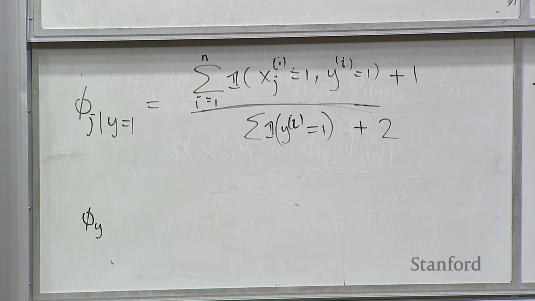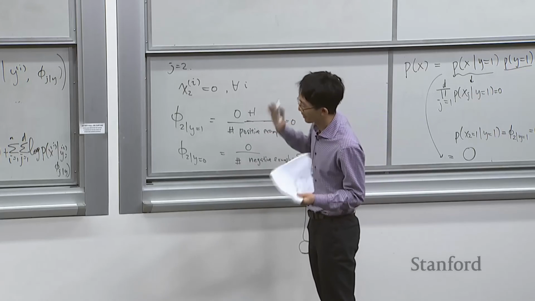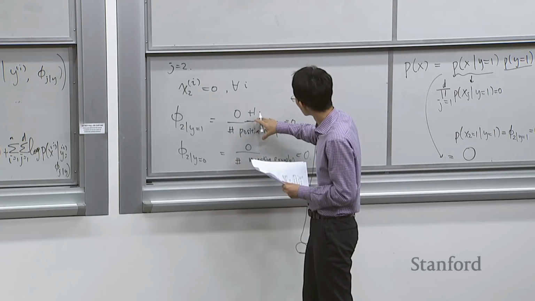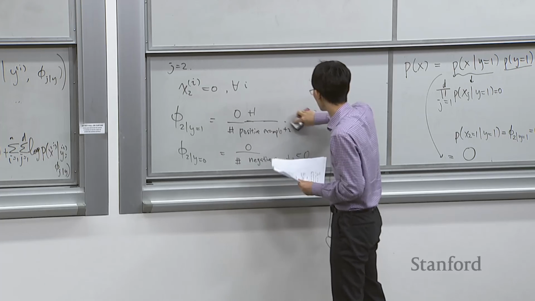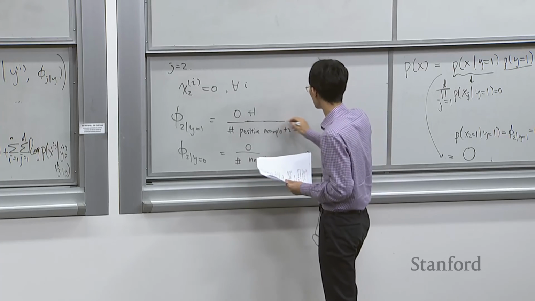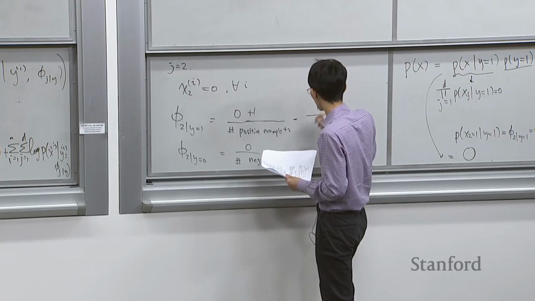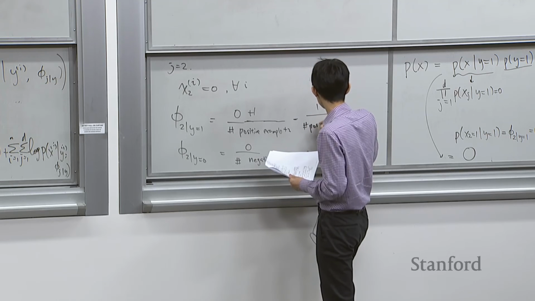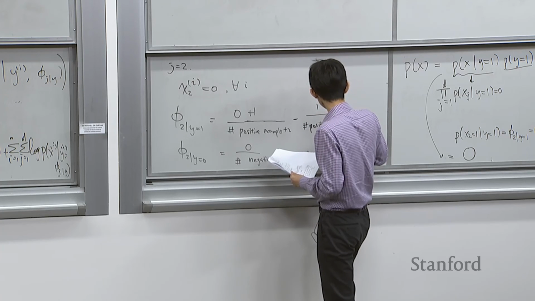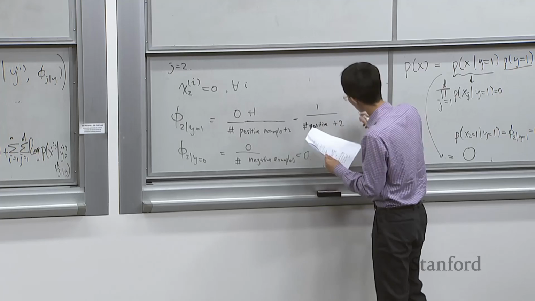Sorry, I only have black pens, so I have to just modify. So this will still be a pretty small number, right? This is 1 over the number of positive examples plus 2. But at least this is bigger than 0.